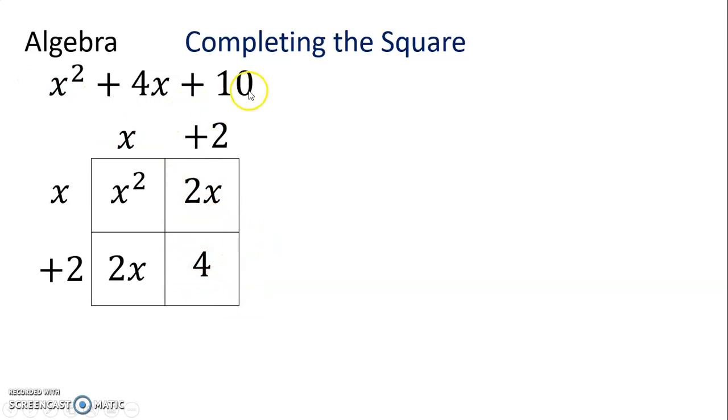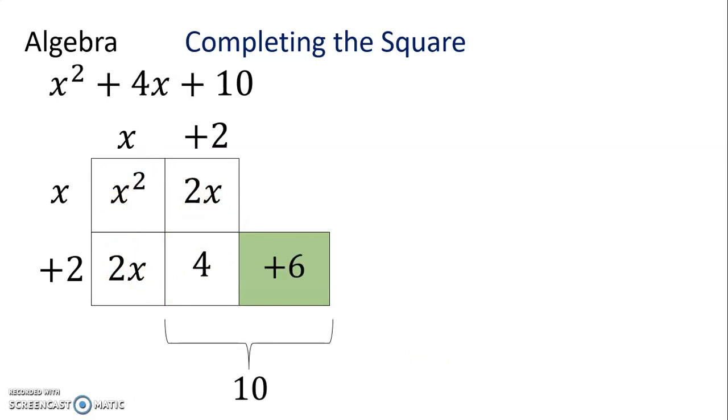And actually my expression is telling me that I need a positive 10. So I'm going to have to take this x add 2 squared and add a 6 to it so that I make the 10 that I need.